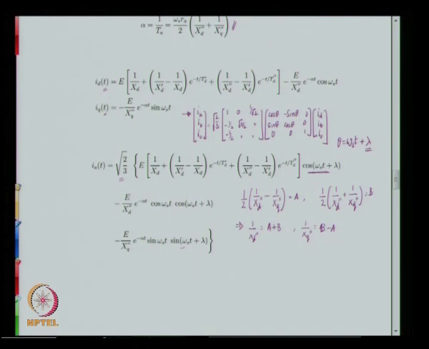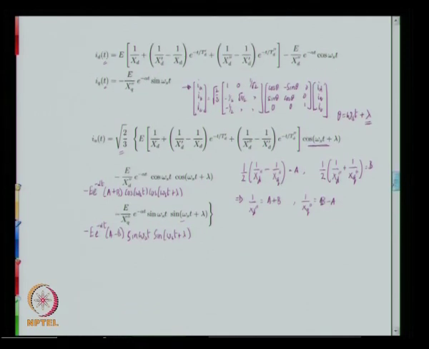So, one can now write this as minus e to the power of minus alpha t into A plus B cos omega st into cos of omega st plus lambda, and this can be written as e to the power minus alpha t into A minus B into sin omega st sin omega st plus lambda, which then can be simplified.